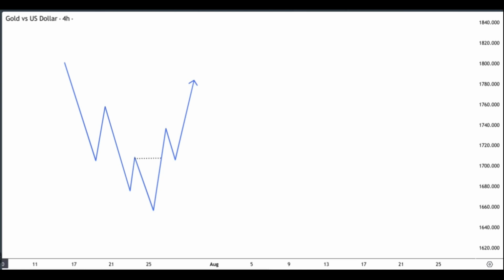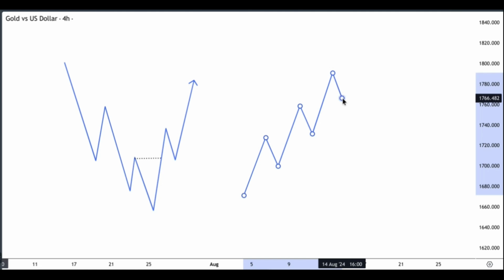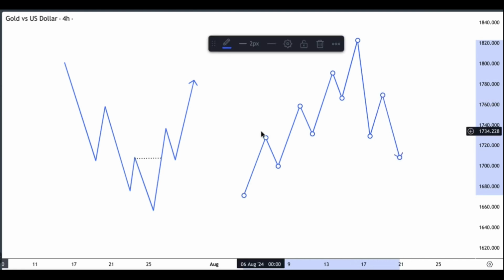In a bullish market, let me try to draw that here and see what it would look like. You have a series of higher highs, higher lows, higher highs, higher lows.